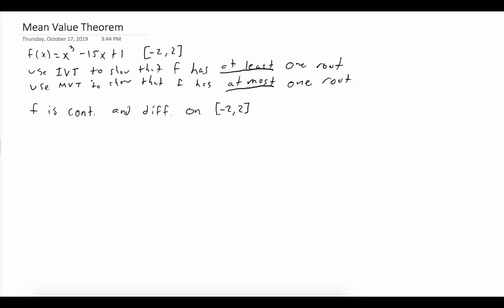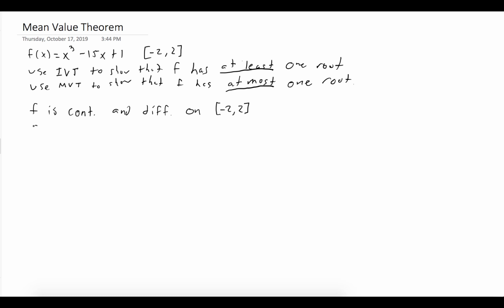Okay, so in order to use the intermediate value theorem to show that there's at least one root, we want to find a value of x that makes our function negative and find a value of x that makes our function positive. So the IVT would say somewhere in between those values, our function has a root.